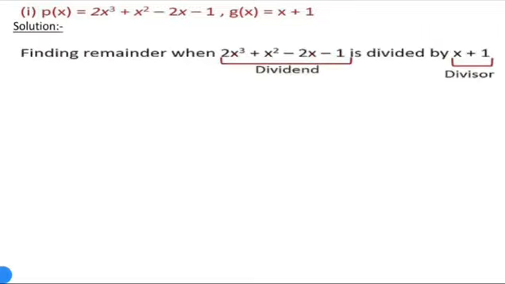Finding remainders when the dividend is divided by the divisor. Here the dividend is 2x cube plus x square minus 2 into x minus 1 and the divisor is x plus 1. In the first step, put the divisor equals 0. That means x plus 1 equals 0. We get x equals minus 1.